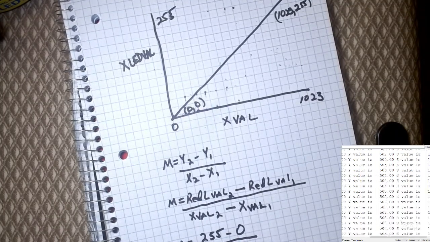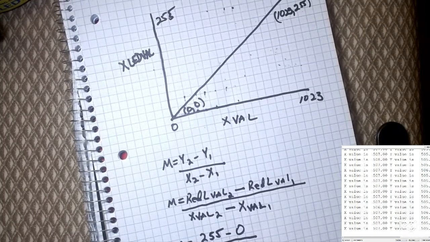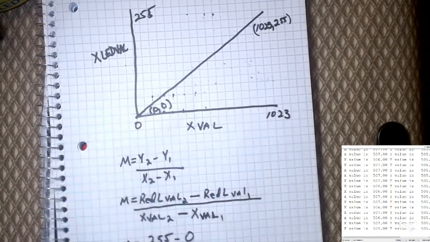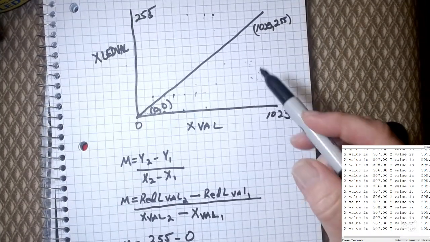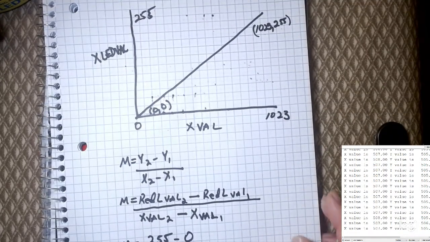Then we get the slope of our line as 255 divided by 1023.